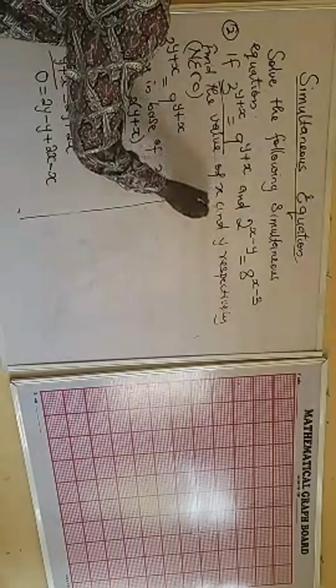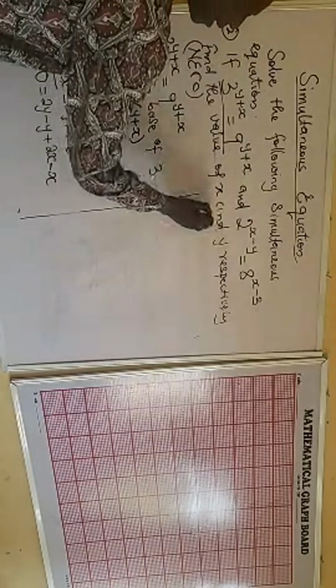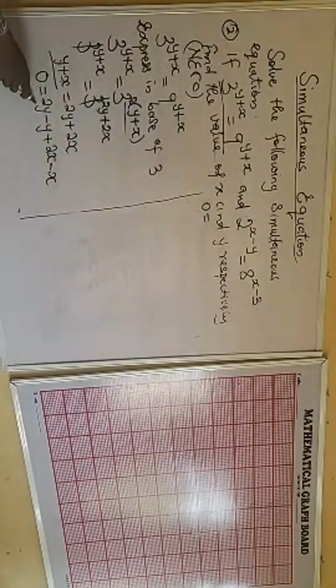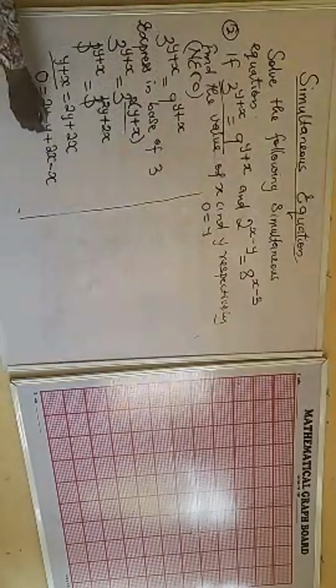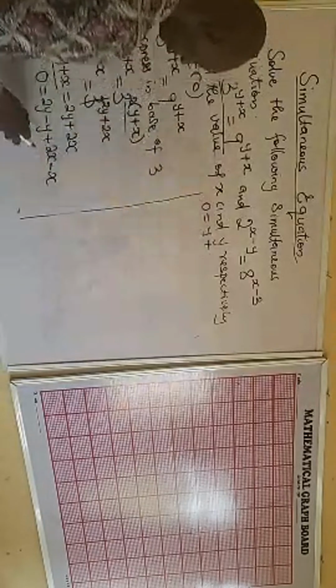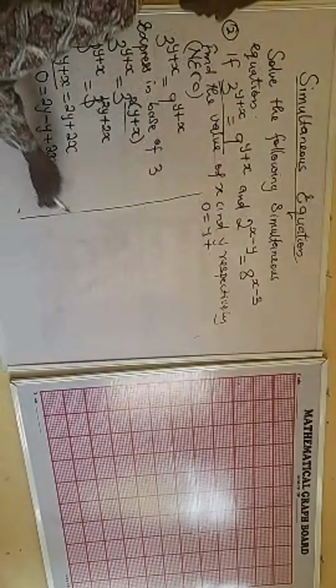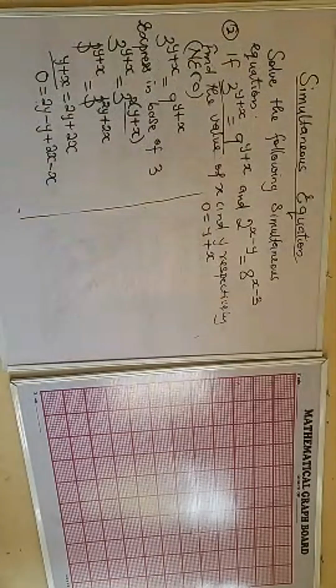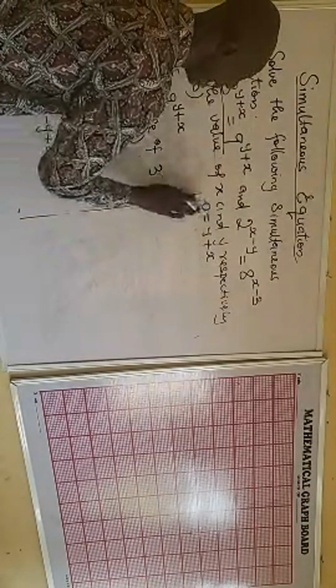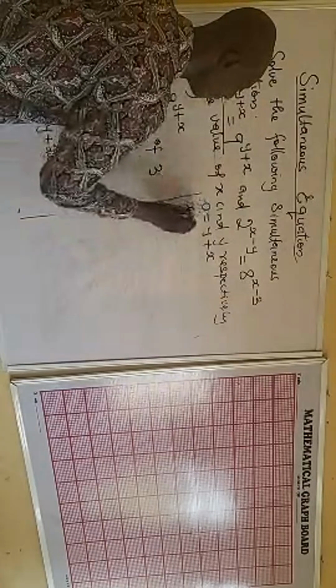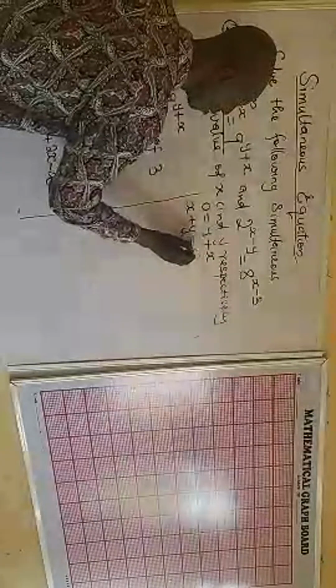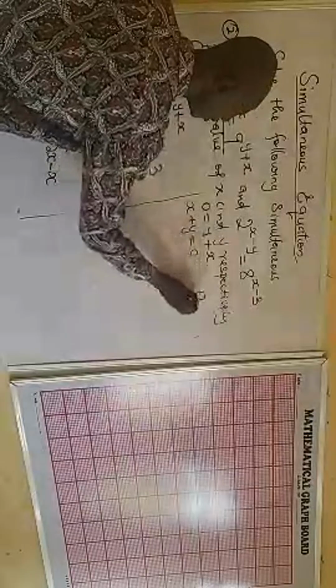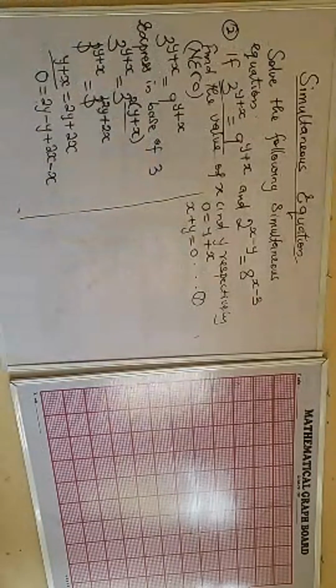Now, 0 is equal to 2y minus y gives us y, plus 2x minus x gives us x. So I want to rearrange it now, which is x plus y is equal to 0. I will call this equation 1.